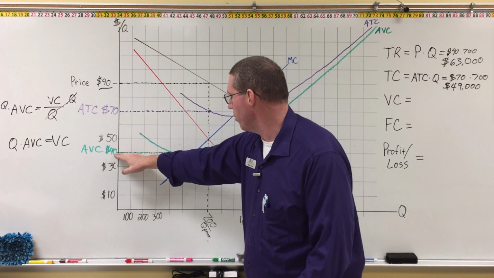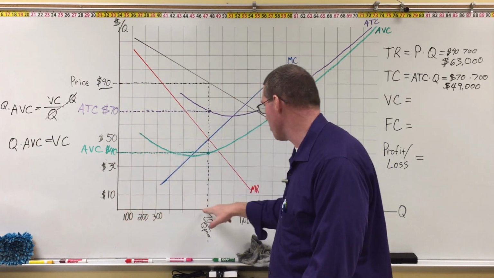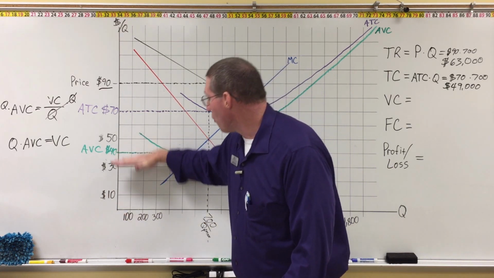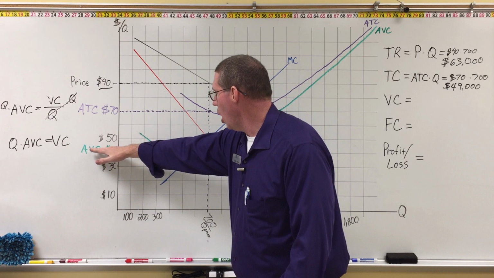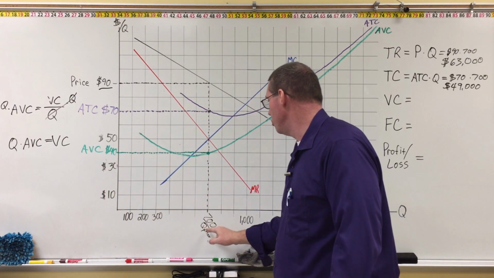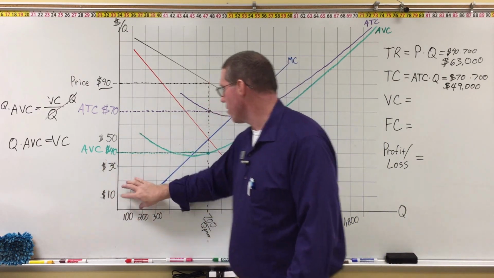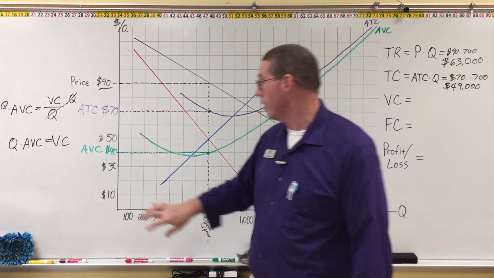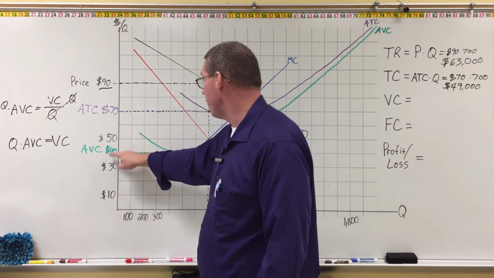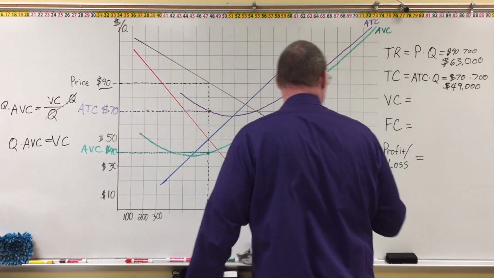Look, we have average variable cost is 40, quantity is 700. That makes this small rectangle right here. And so the rectangle that is below average variable cost and goes all the way over to quantity, this rectangle here represents the variable cost of the entire company. And so we've got 40 times 700, that's going to be 28,000.